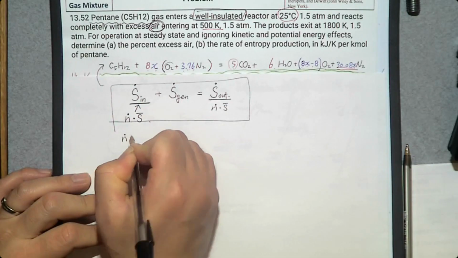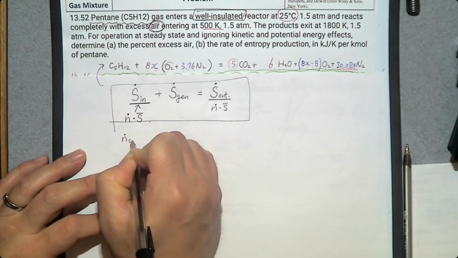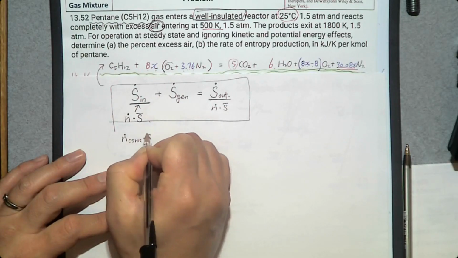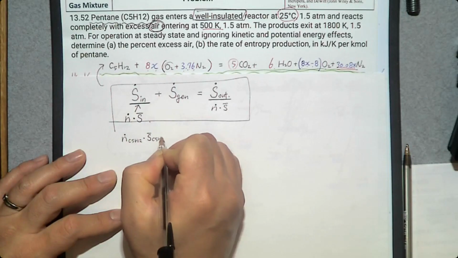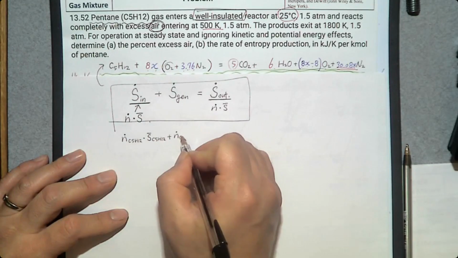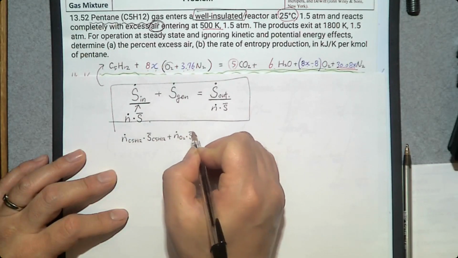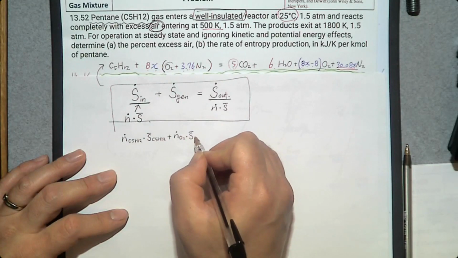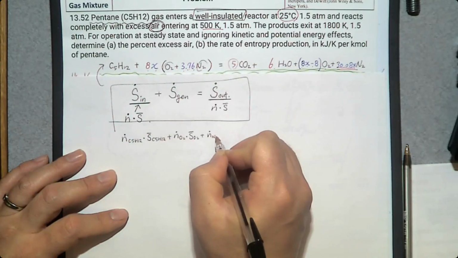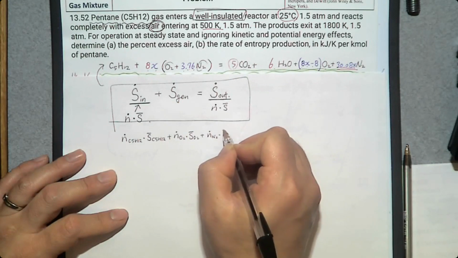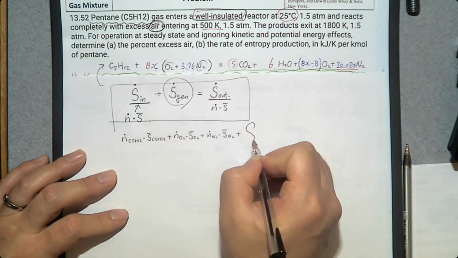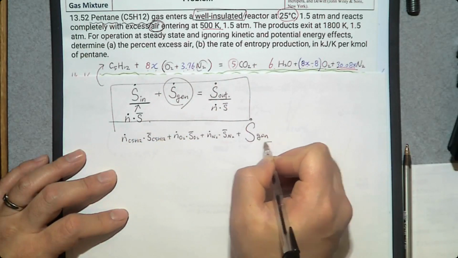N dot of pentane, C5H12, times specific entropy of pentane, plus N dot of oxygen times specific entropy of oxygen, plus N dot of nitrogen times specific entropy of nitrogen, plus entropy generation, S dot gen. This is what we want to determine.